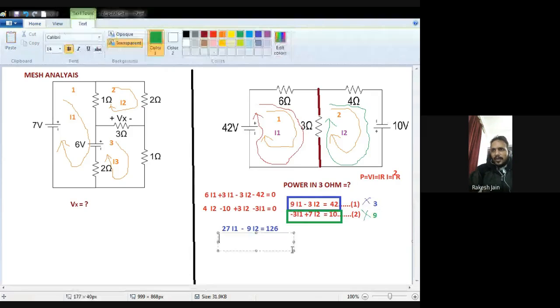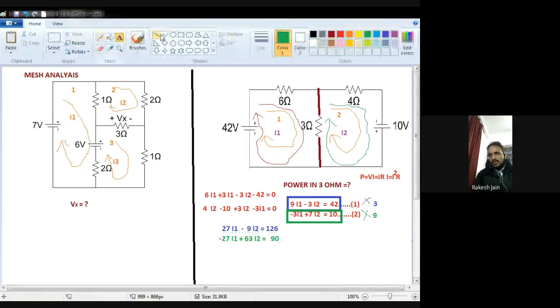So now it is minus 27 I1, because minus 3 is there, plus 9 multiplied by 7, that is 63 I2, and that is equal to 9 multiplied by 10, that is 90. Now when we solve these two equations, 27 and 27 will cancel out, because one is plus and one is minus.